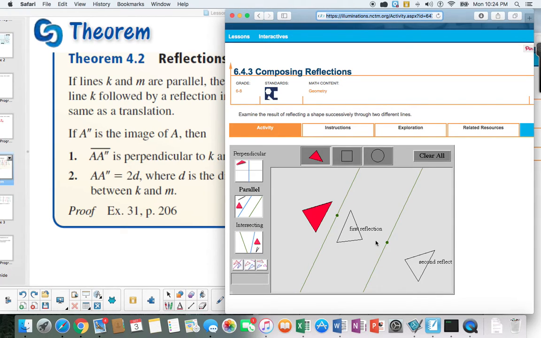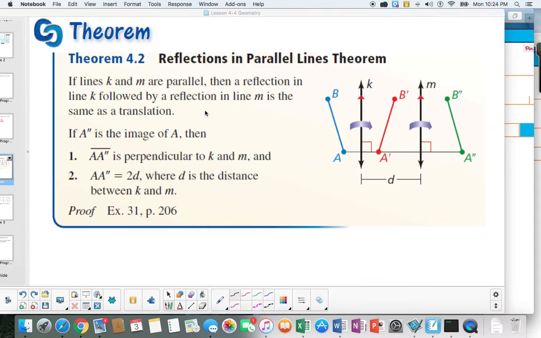I'm even going to change the orientation here, and you can see that even when I change these things, from the original to the second reflection, it just looks like a translation, like this just got scooted over here. And that's what this is saying: if you go through two reflections over parallel lines, it's as if it's a translation.